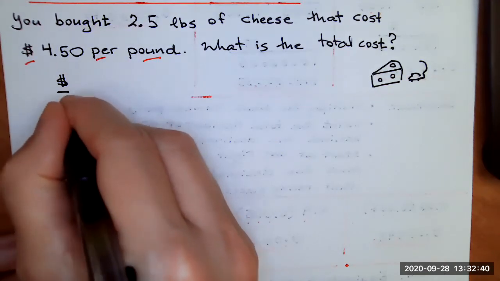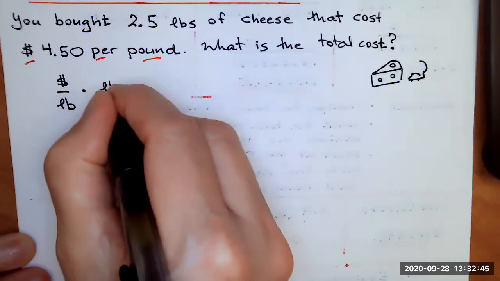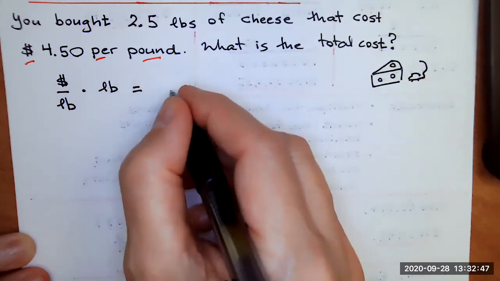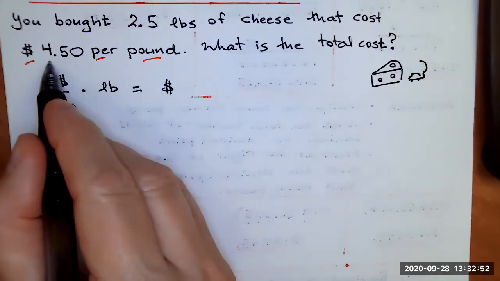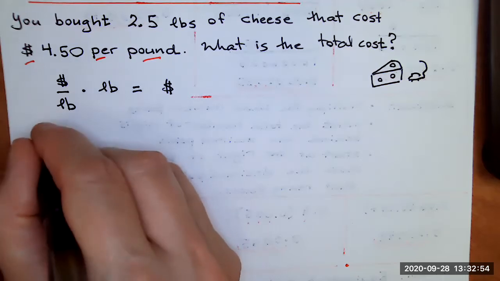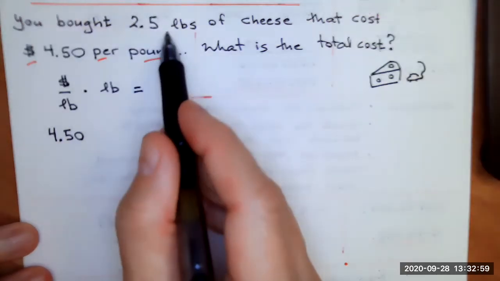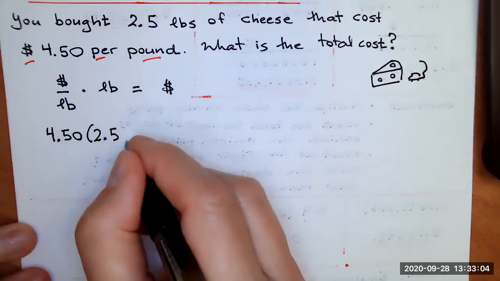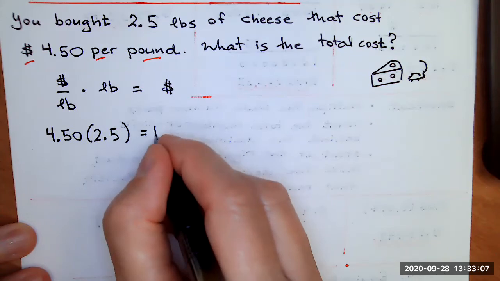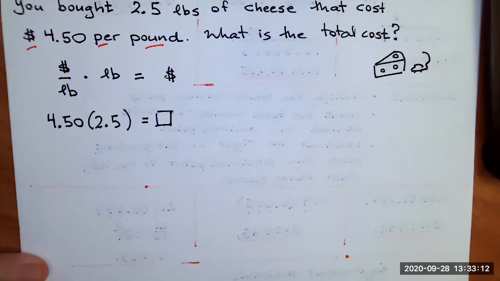Let's write the rate equation times the number of pounds is equal to the total number of dollars. Well, we know the dollars per pound, and we know the number of pounds. So we're looking for the total number of dollars. Get rid of extraneous zeros.